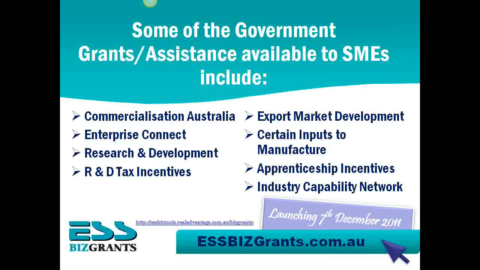Commercialisation Australia has grants from $50,000 in the Skills and Development Program, which is an 80% grant. That means $64,000 worth of work can be done. That's the highest paying grant in Australia at 80% contribution from the government, through to grants of $2 million for early stage commercialisation repayable grants.